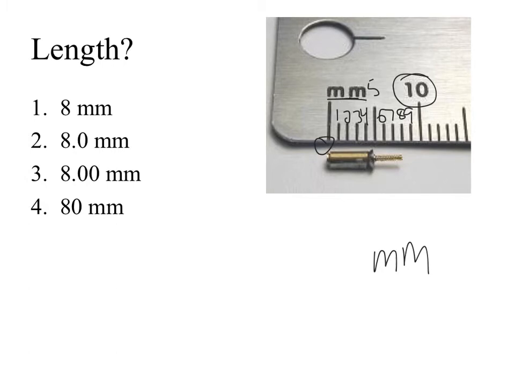And so if we go through and look at this one, well, if our increments are increasing by the ones place, my answer has to go to the tenths. So we can't answer 8 for this one, we can't answer 8.00, and we can't answer 80. So right there, without even doing the measurement, we can go ahead and assume that 8.0 is our correct answer because it's the only one that goes to the proper place.